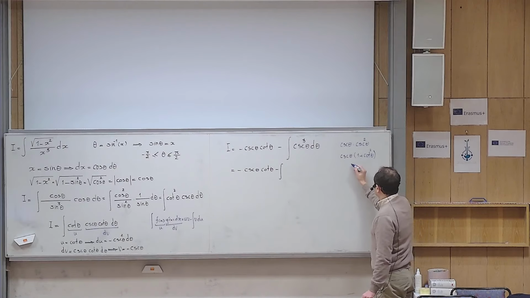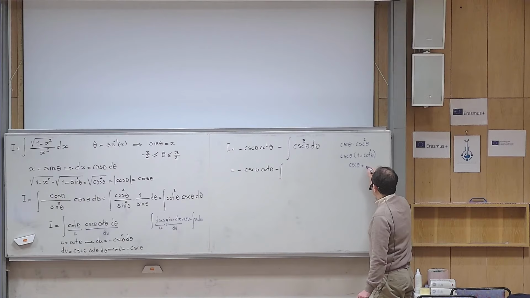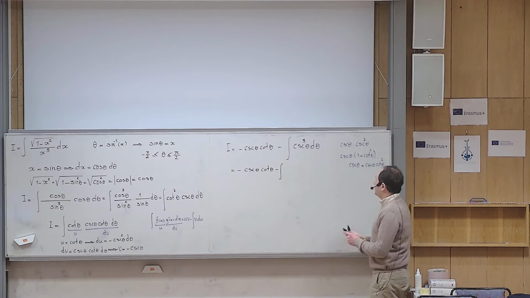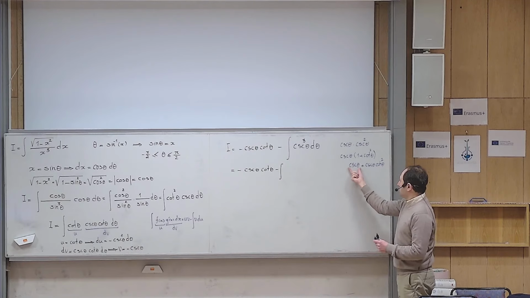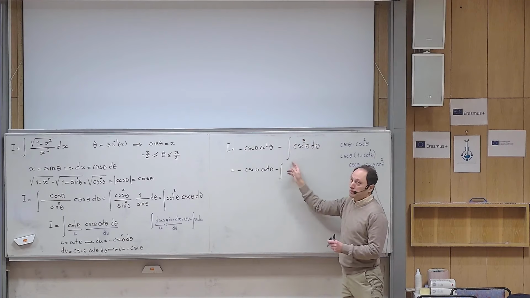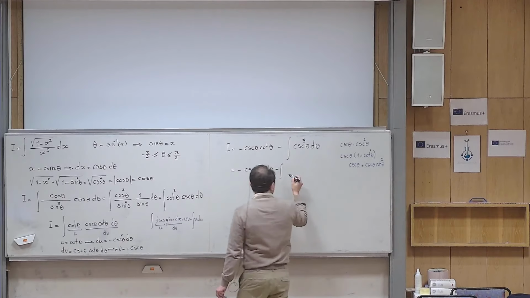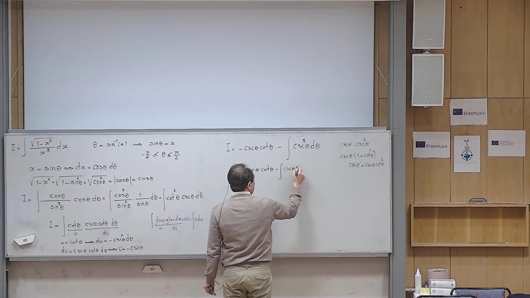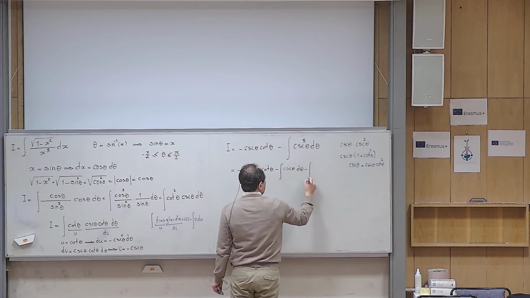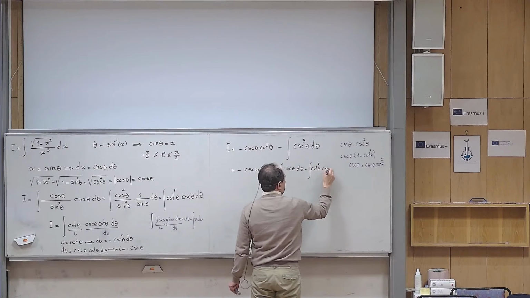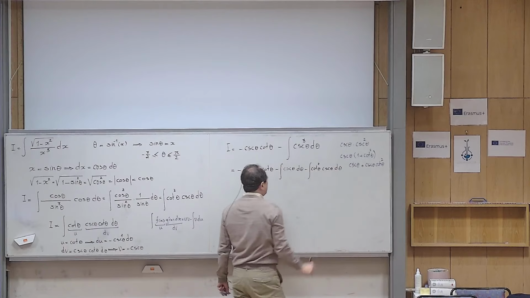And then if I multiply this here, it becomes cosecant theta plus cosecant theta cotangent theta squared. So this integral can be broken into two integrals. One is the integral of that, and then an integral of this. But be careful, this minus sign is the overall minus sign, so it will affect this one and this one. So then it becomes minus the integral of cosecant theta d theta minus the integral of cotangent theta squared. I'm intentionally writing this first, and then cosecant theta d theta.